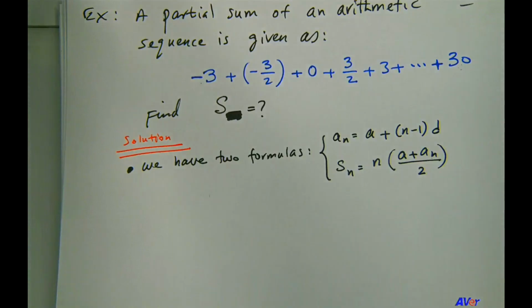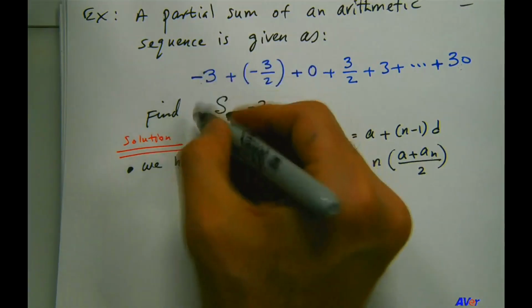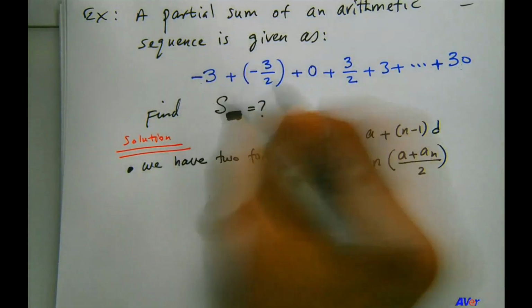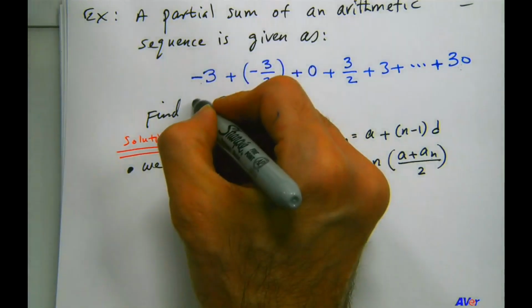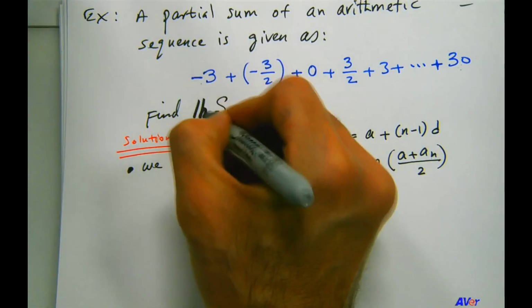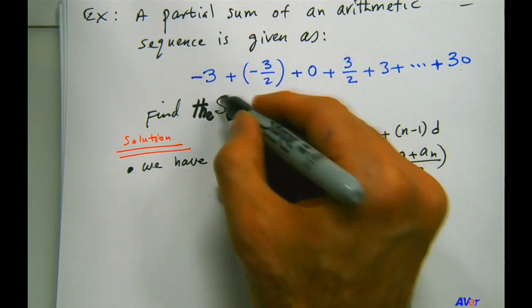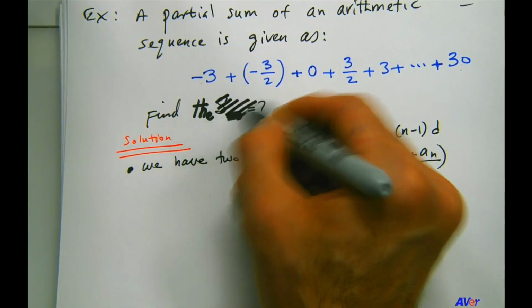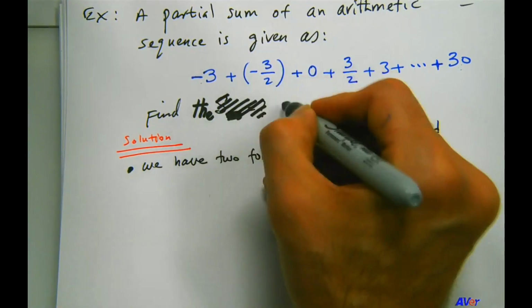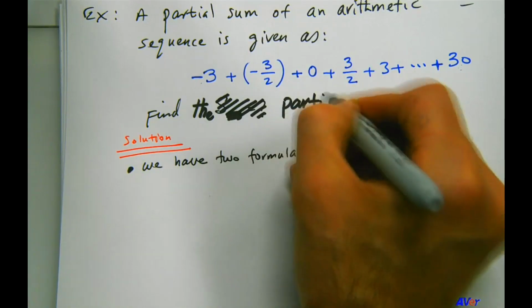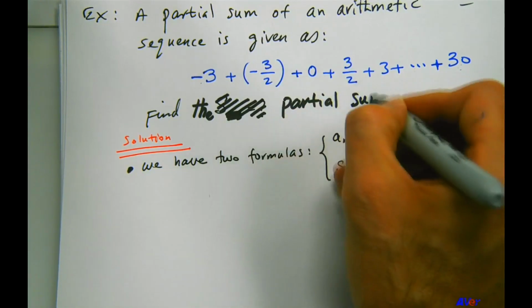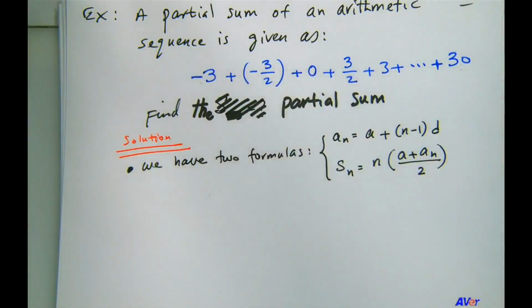I wonder how I can correct this so it doesn't make too much of a mess. So find, and please ignore this, find the partial sum of these numbers. So that was the question, not find S23.